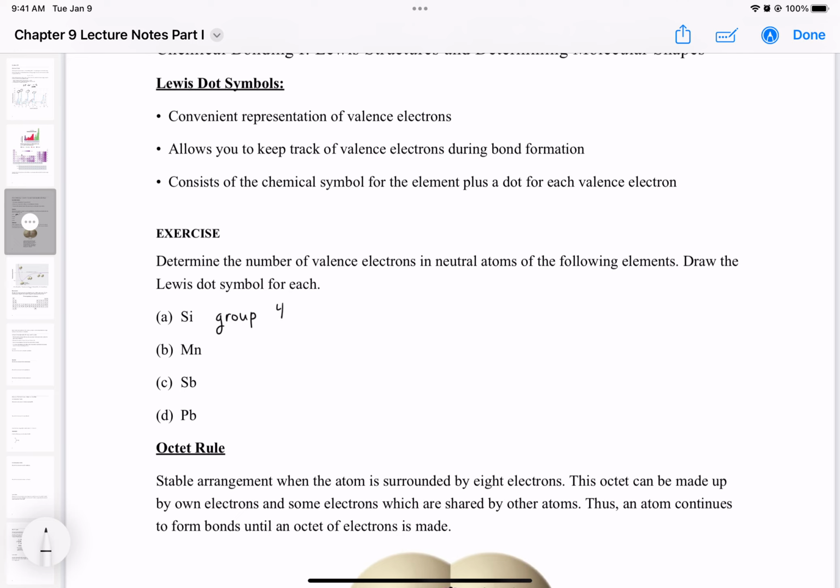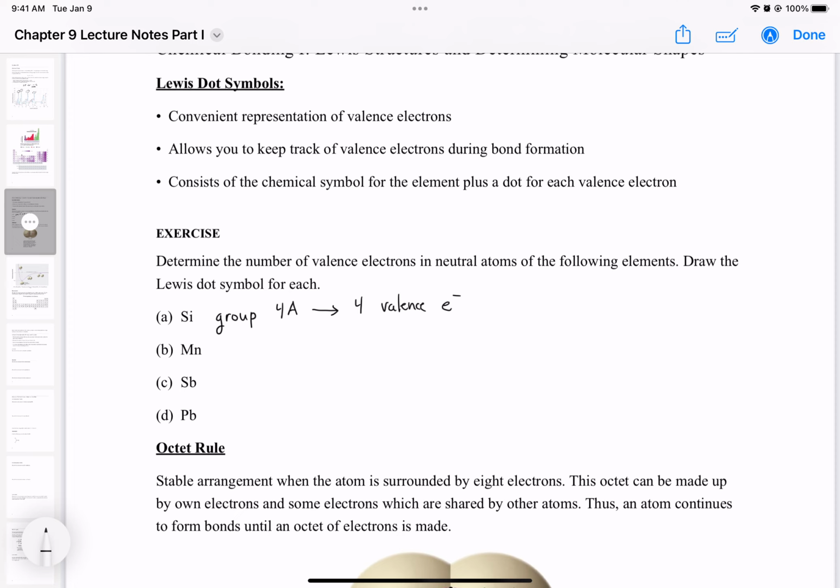A little secret is that if you have the periodic table and you see what group it is, it'll tell you that it has that number of valence electrons. The group number equals the number of valence electrons. So for silicon, we have 4 valence electrons. This means there are 4 valence electrons in the highest occupied energy level.